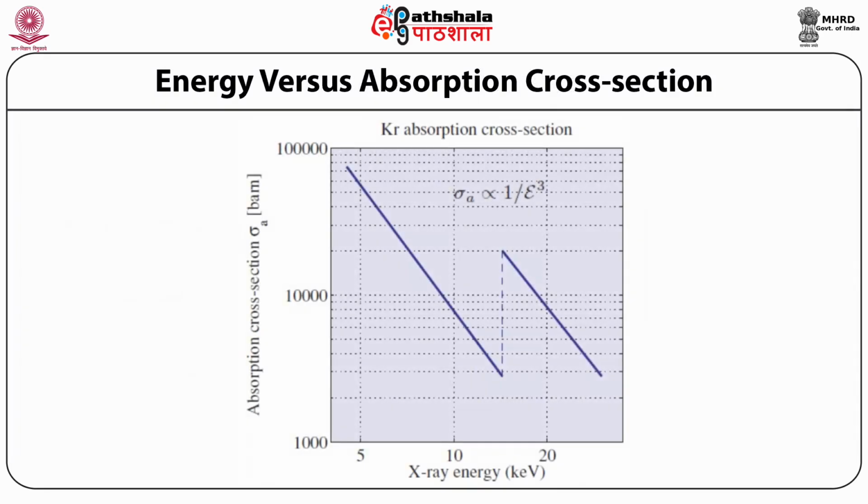In this slide, the diagram shows how the absorption cross section sigma depends on the energy of the incident radiation. When you have X-rays and you change the energy, as you can see from left to right, the absorption cross section is linear and it drops, and then you see a sudden edge where it rises. The sudden edge demonstrates that you have gone on to a different energy level.